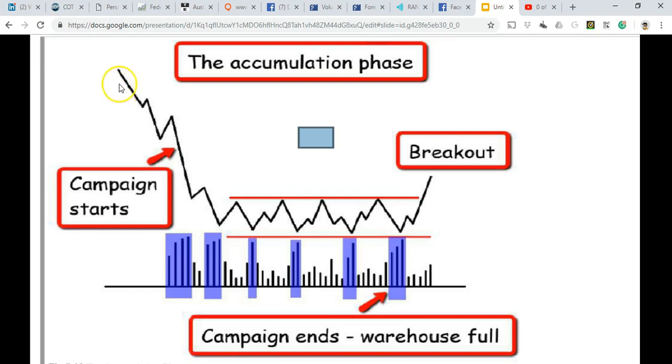What you can see right here is the market in an already established bearish trend. At a particular point there was distribution.